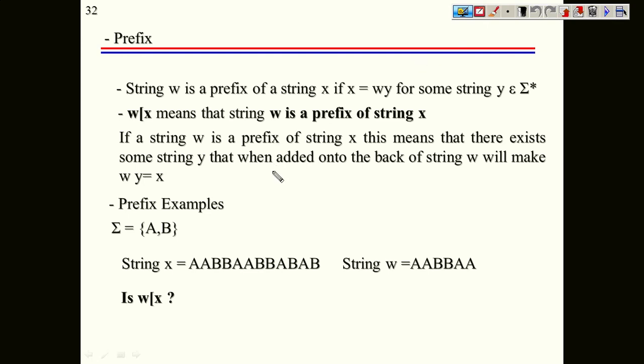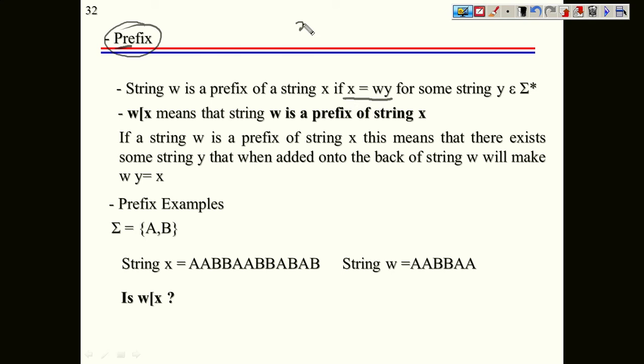Okay, then we have something called prefix. Prefix and suffix are important concepts that relate to strings. Prefix, as the name says, pre means prior, before, and suffix means post, later. So string w is a prefix of a string x if x equals wy.